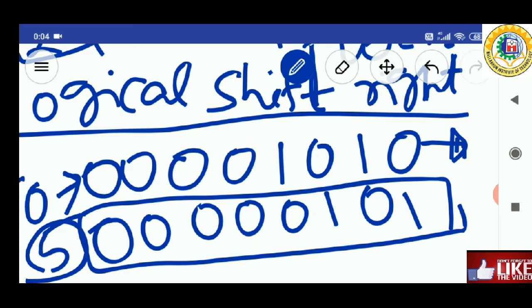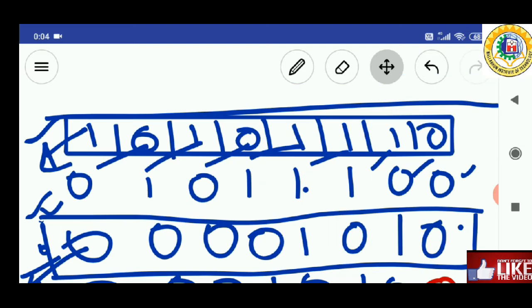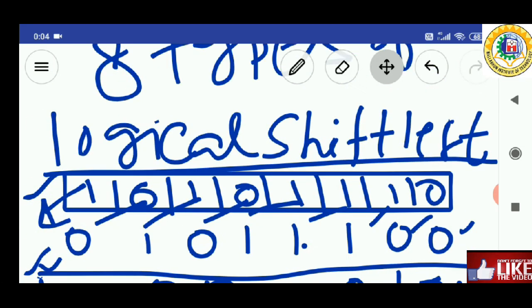So logical shift right means whatever data we have provided before, that data has been halved. That means divide by 2. The divide by 2 operation happens with the help of logical shift right, and the multiplication by 2 operation happens in the case of the logical shift left.